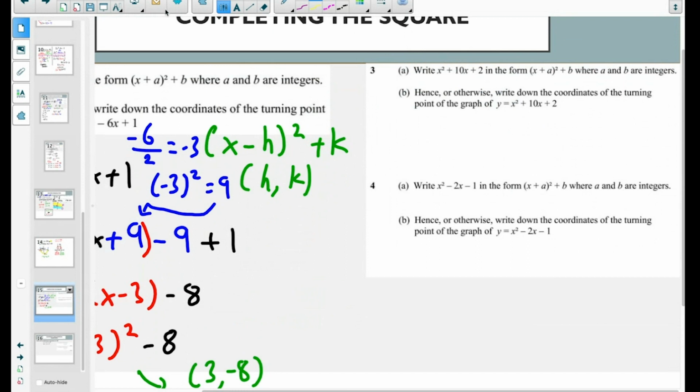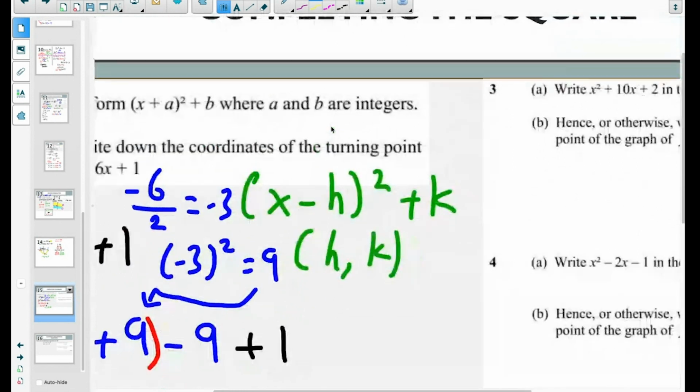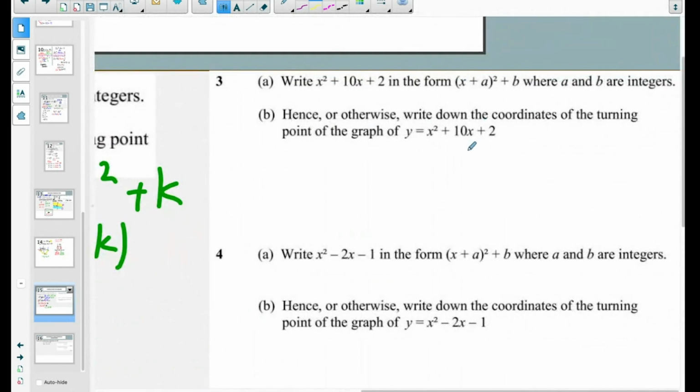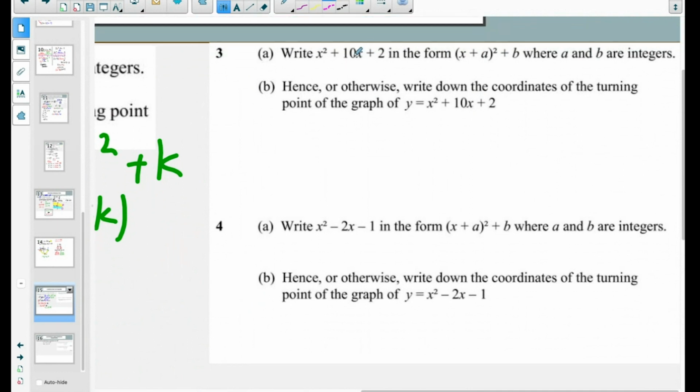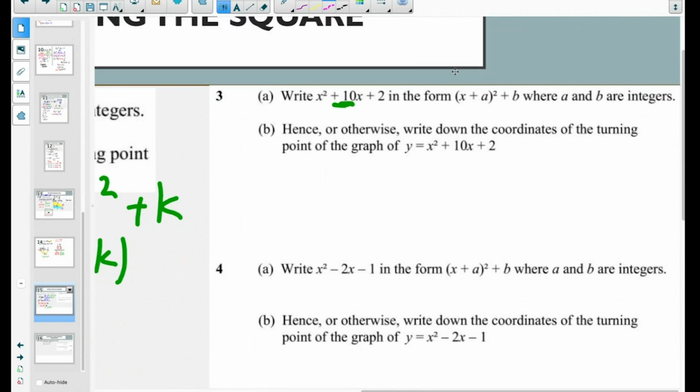So let's maybe take a look at this example. We have x squared plus 10x plus 2. So again, this is where we're going to choose what seems like that arbitrary number. I'm going to take that middle term's coefficient, so that 10x, the coefficient is 10. So I'm going to take the 10 divided by 2, which gives us 5.